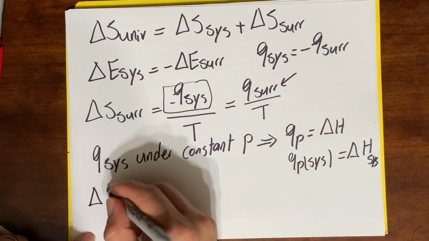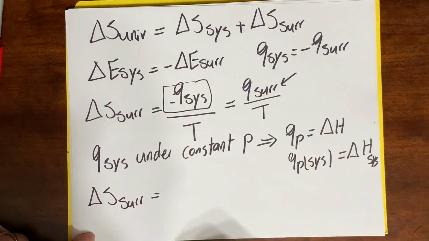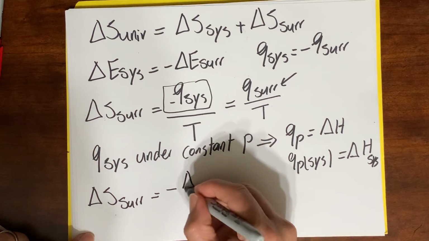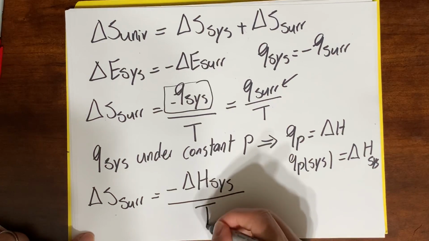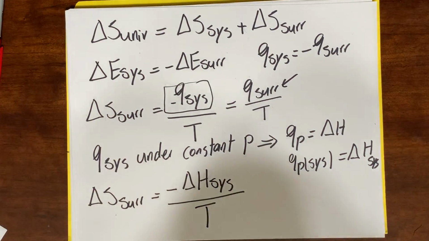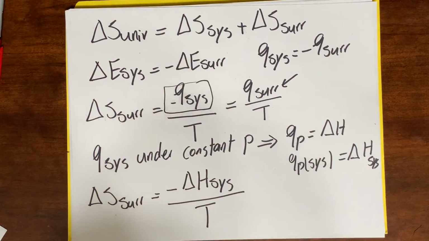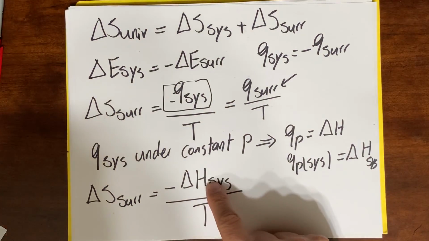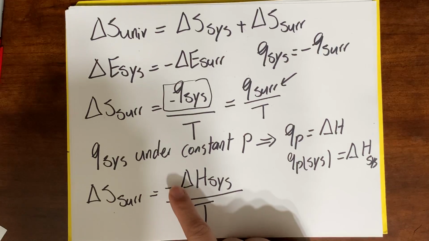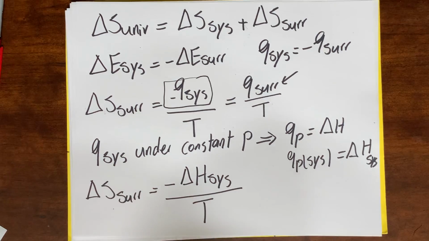So delta S of the surrounding, instead of minus Q of the system, I'm going to say minus delta H of the system divided by T. I will use this formula to calculate delta H of the system. I know how much heat went outside, or we got it from outside. I give it a negative sign because of this. Give it a negative sign, so then I can calculate entropy of the surrounding.